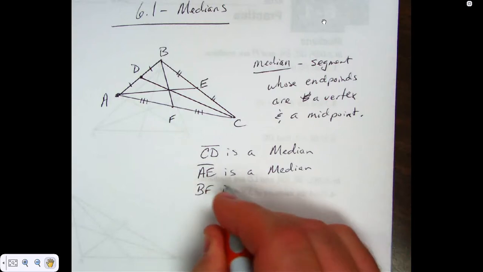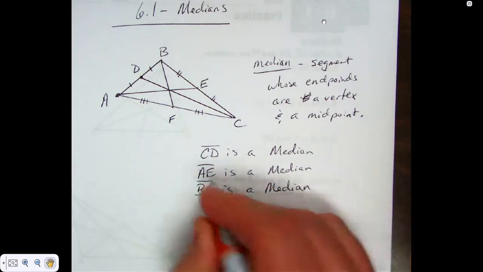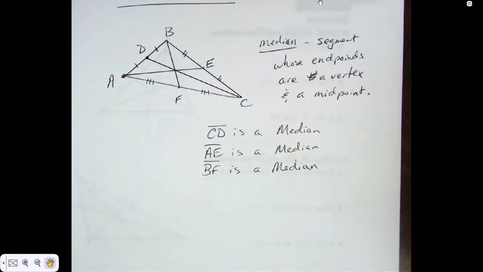So BF is a median. It goes from the vertex to a what? Midpoint. That's what a median does. Okay?